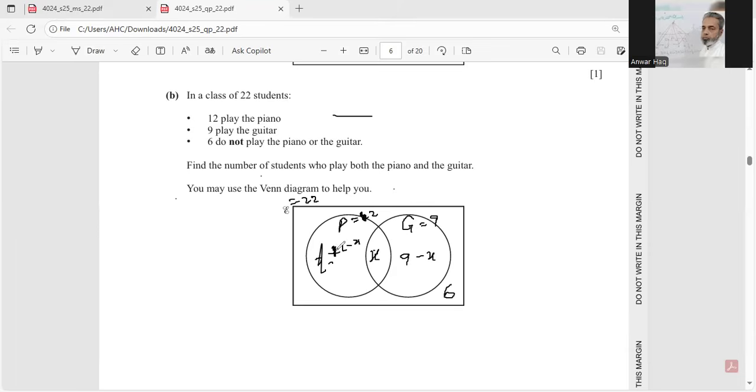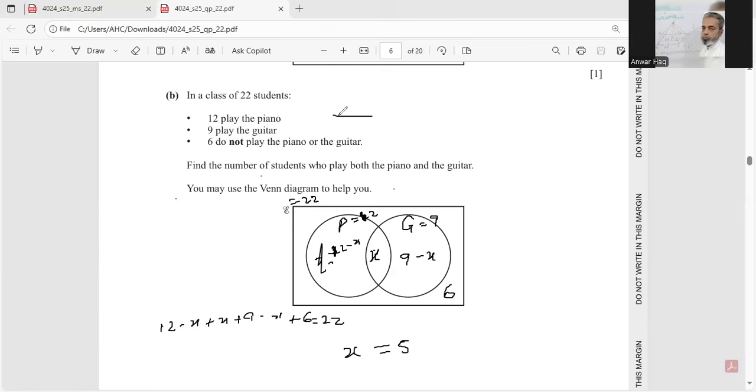So 12 minus x plus x plus 9 minus x plus 6 is equal to 22. So x will be, I think, 5. By using the calculator, your x will be 5.